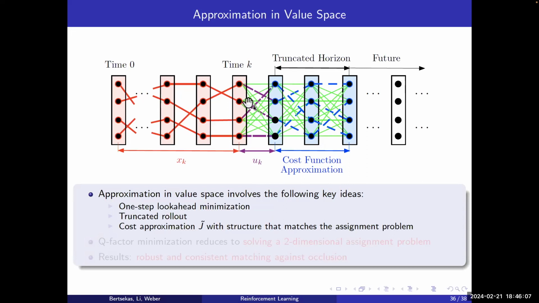So essentially what happens is, let's say, to select the matchings between frame k and frame k+1, we construct a cost matrix between all the arcs of those two frames.